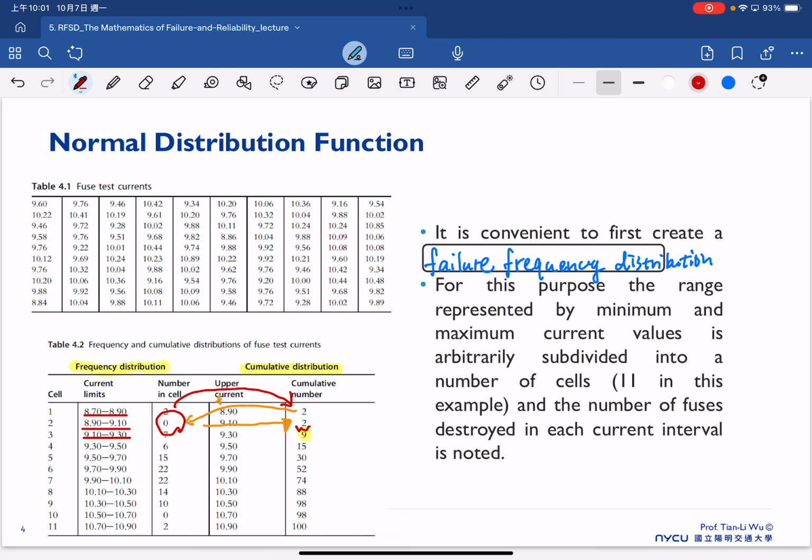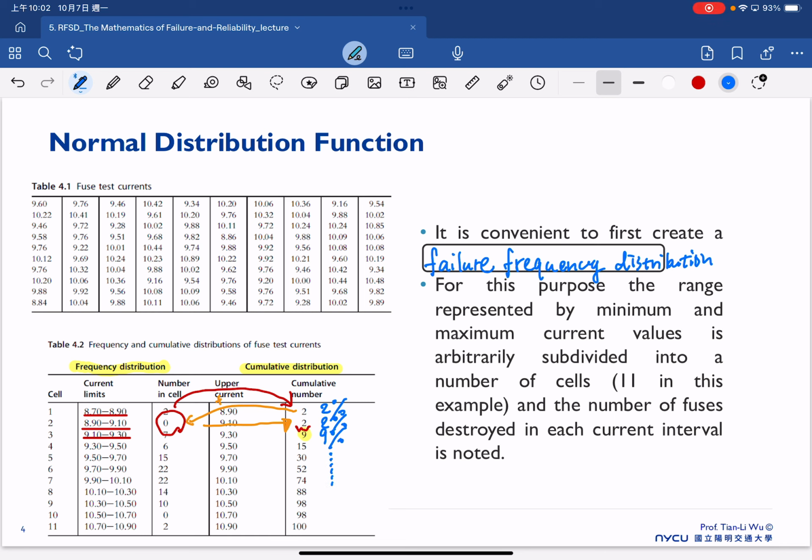Because we test a total of 100 fuses, now we can calculate the percentage. The percentage here will be equal to 2%. So 2% of our fuses will be broken if the testing current is below 8.9 amp, and also 2% if the testing current is below 9.1, and now it will become 9% if the testing current is below 9.3.